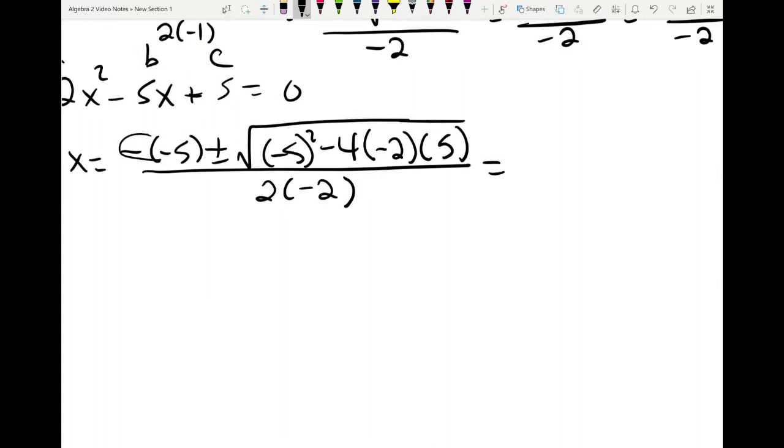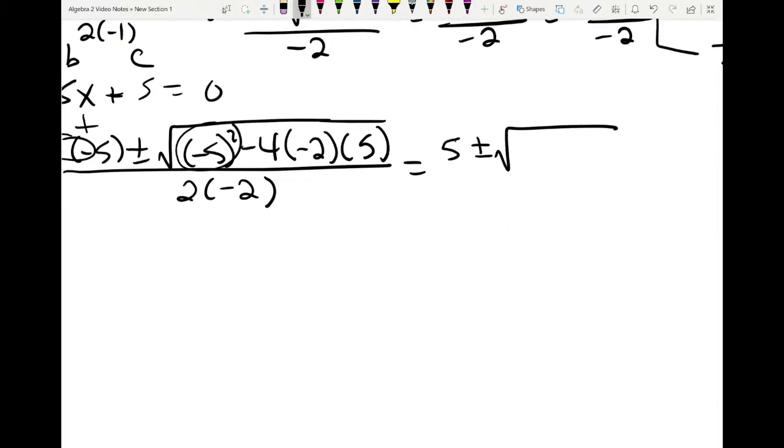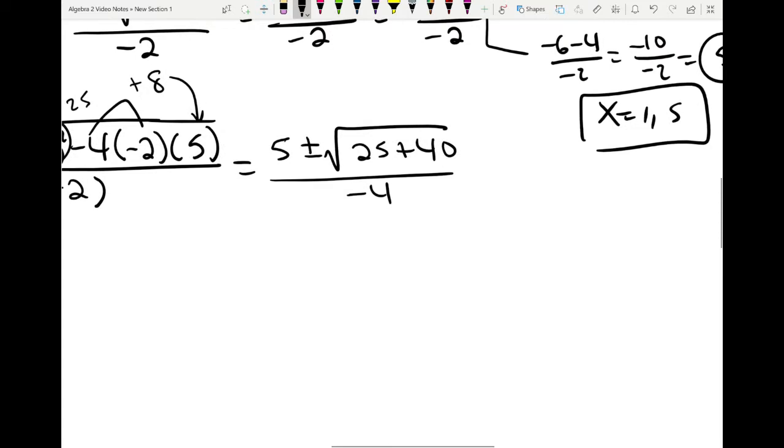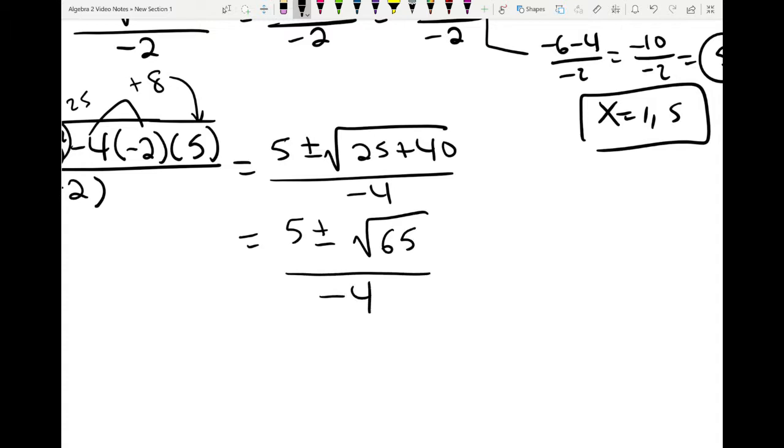Two negatives here make a positive, so we got a positive 5 plus or minus. This is going to give us 25. Negative 4 times negative 2 is positive 8. Positive 8 times 5 is positive 40. 2 times negative 2 is negative 4. All right, so it looks like we have 5 plus or minus square root of 25 plus 40 is 65. Divide that by negative 4.